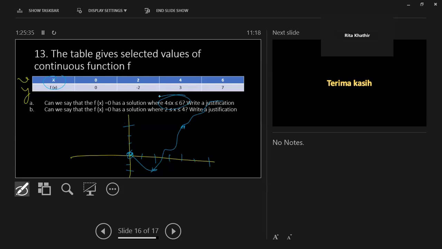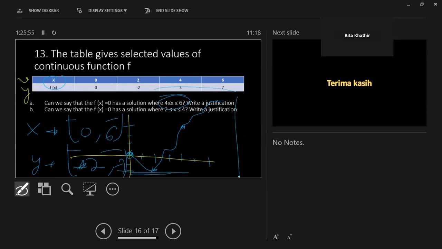Look at our interval. For x, our interval is 0 to 6. And for y, our closed interval is -2 to 7. You should remember that: -2 to 7 is y.